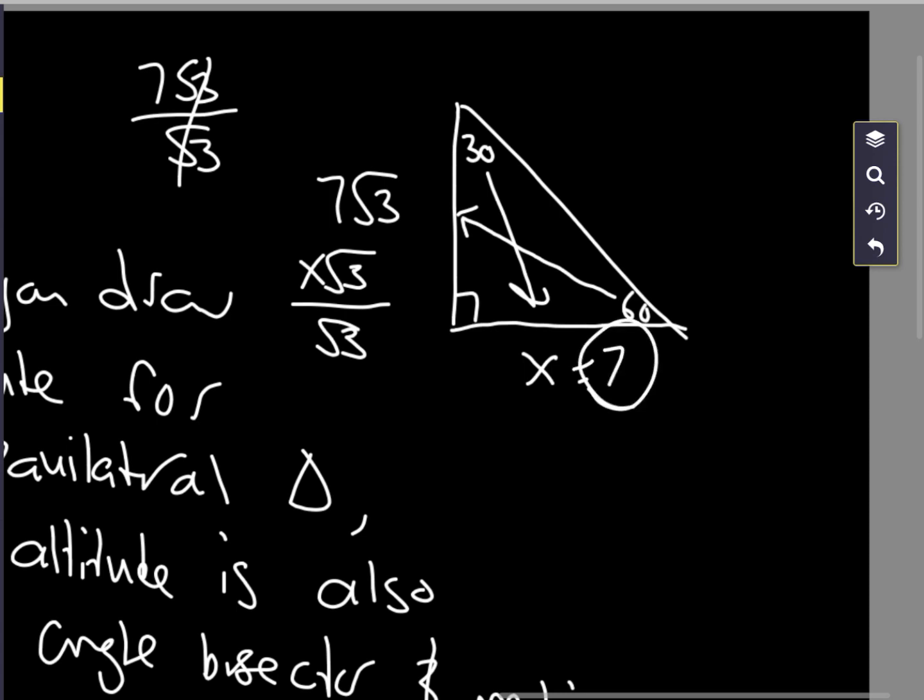So this side's equal to 7, right? Because the side opposite 30 is always radical 3 times less than the side opposite 60. And we know the hypotenuse is going to be 2x, 2 times the length of the side opposite 30, right? So that's just going to be 7 times 2, which is 14.